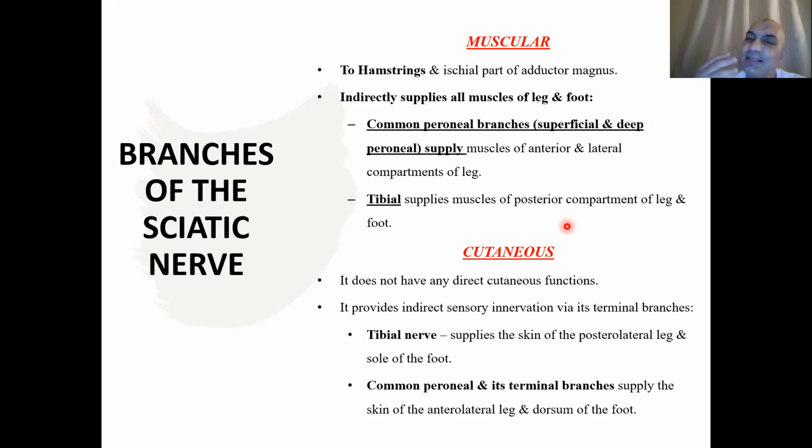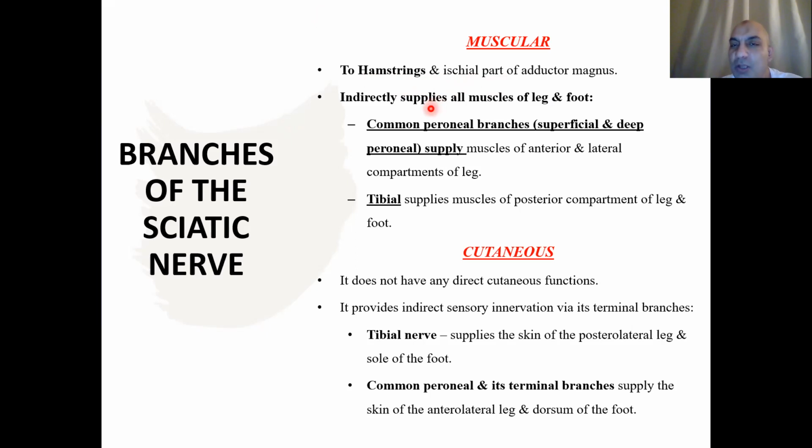So these branches are indirect branches. So when we think deeply about the sciatic nerve, it has direct branches for 4 muscles: 3 hamstrings and 1 ischial part of adductor magnus.